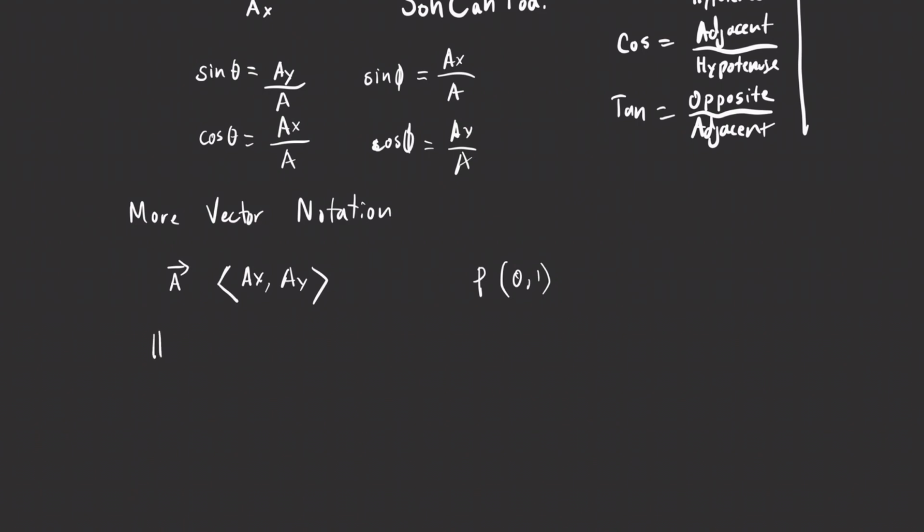Now, if you wanted to represent the magnitude of A using these components, that would be the square root of ax squared plus ay squared. And this is just basically Pythagorean theorem, right?